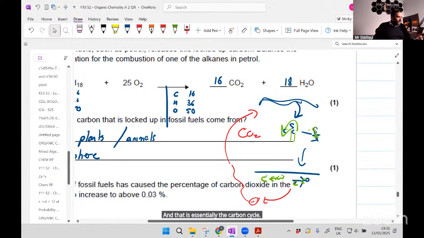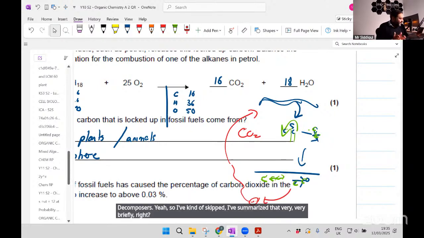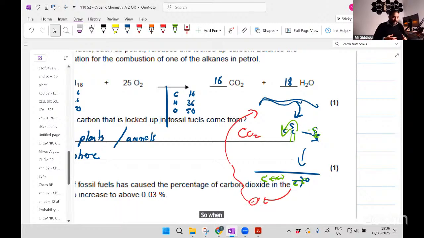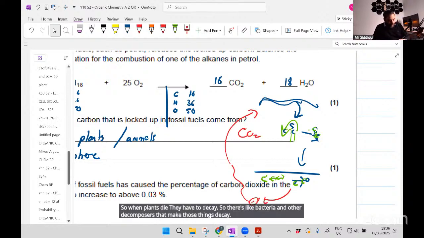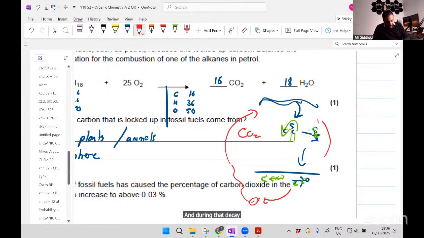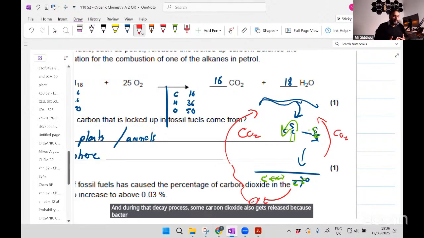What's somebody saying? Decomposes. Yeah, so I've skipped that. I've summarized it very, very briefly, right? But there's more to that process. Decomposers are things that make things rot away. So when plants die, they have to decay. There's bacteria and other decomposers that make those things decay. And during that decay process, some carbon dioxide also gets released, because bacteria respire and release carbon dioxide just like we do.